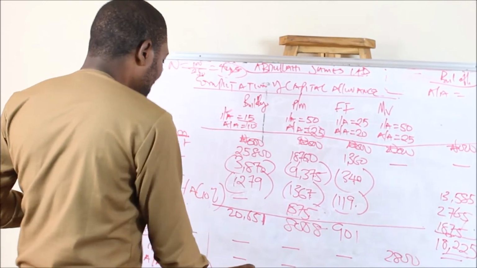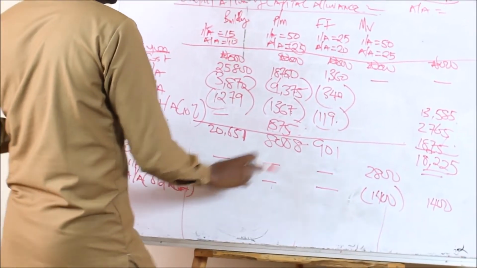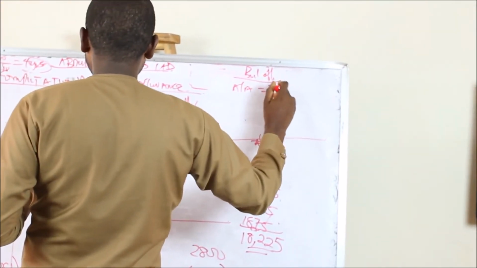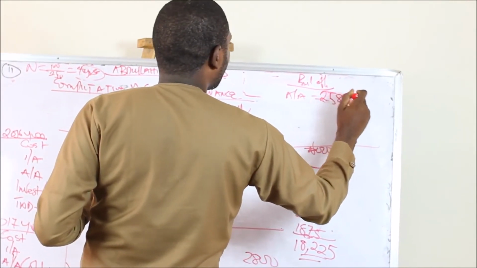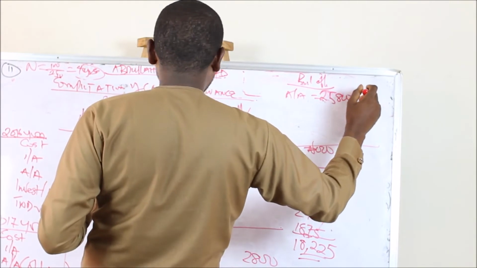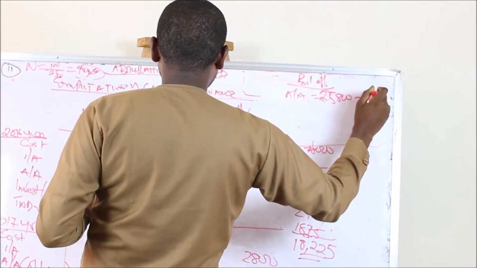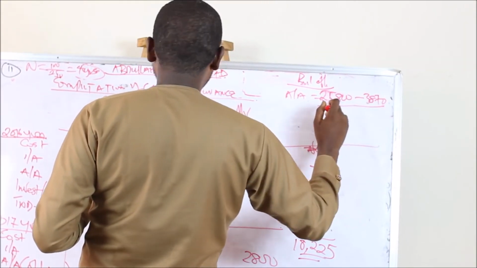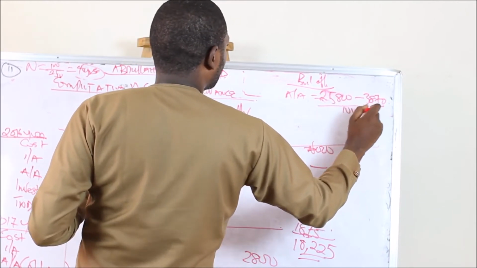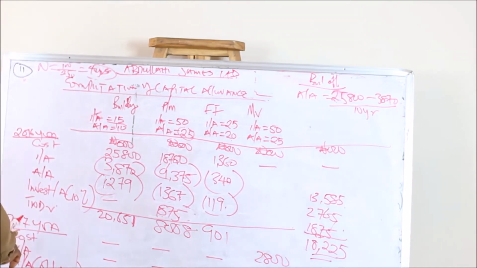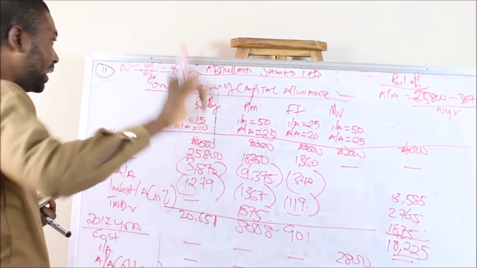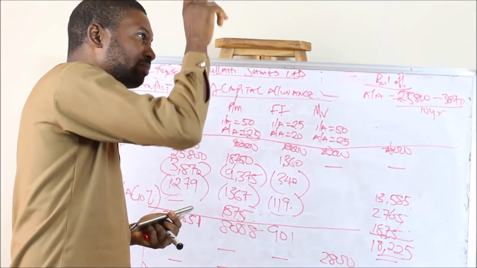So for us to determine the annual allowance for the second year, we are going to say 25,800 minus, again, the initial allowance, 3,870, over n. N is 10 years. There's no times 7 over 12, because this is a full 1 year. 2017 is a full 1 year. That's why you don't need to say times 7 over 12.